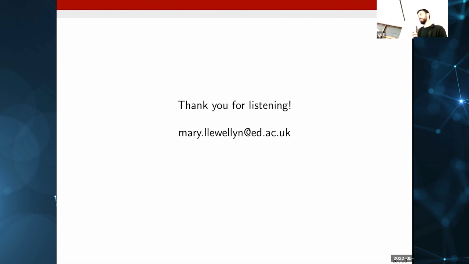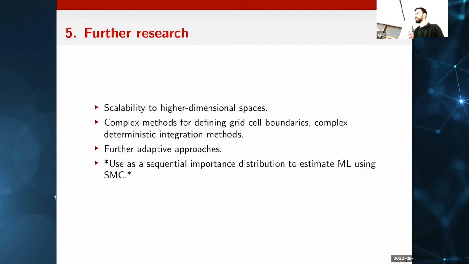My only other question was, you mentioned higher dimensions in the latent state in your final slide, but how many dimensions have you gone to so far? To be honest, we haven't gone to many dimensions. This was an interesting thing to investigate, scalability.